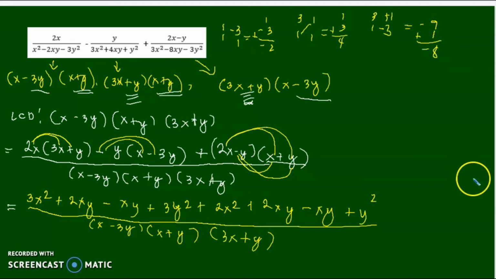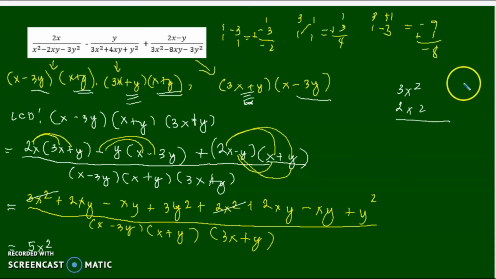And then combine like terms. So we have here 3x squared, so let's add 3x squared and positive 2x squared. So we have 5x squared. Okay, next.